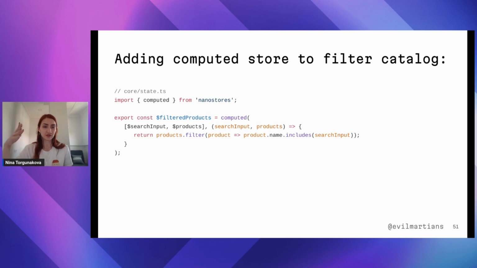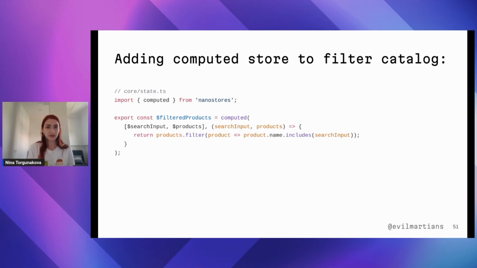Computed function means that this store will be smart, and it will be based on other stores. So in the function computed, we pass two arguments. The first one is the list of stores, and the second argument is the callback function.